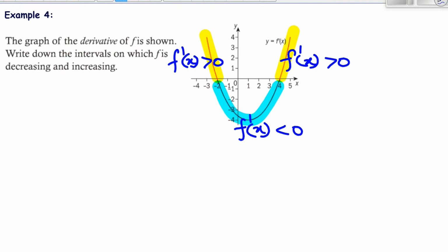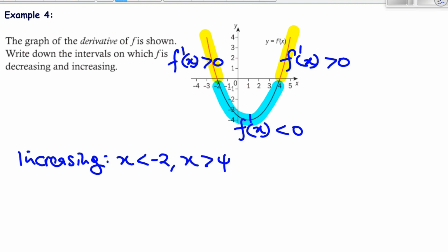So you can say increasing when x is less than negative 2 and when x is greater than 4. Decreasing when x is between negative 2 and 4.